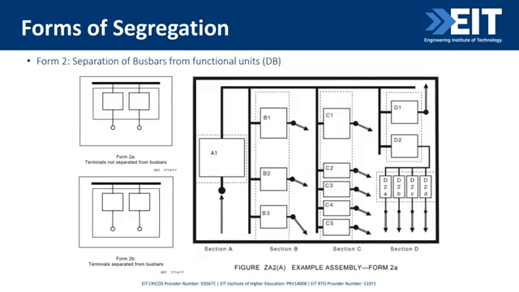A form 2 is where we separate the bus bars from the functional units. So we don't care as much what we do with our cabled connections. Our form 2 only requires the bus bars to have separation from the functional units.